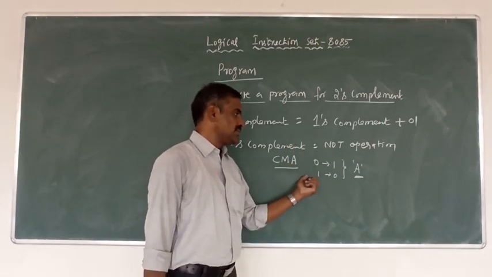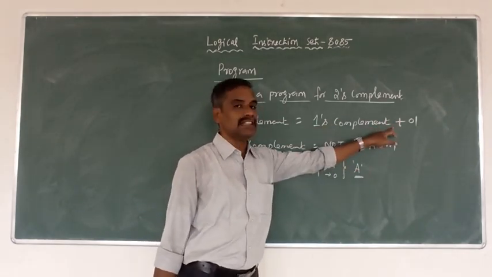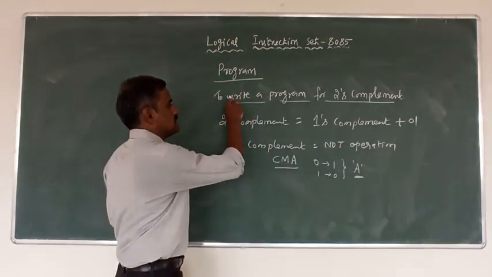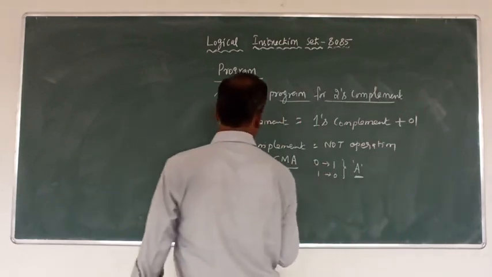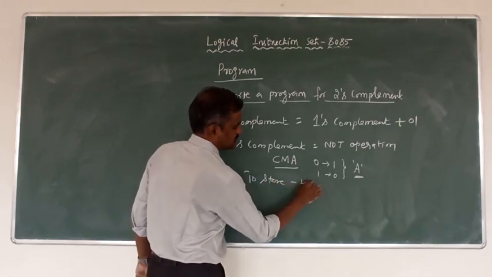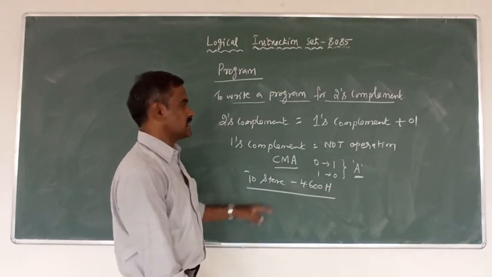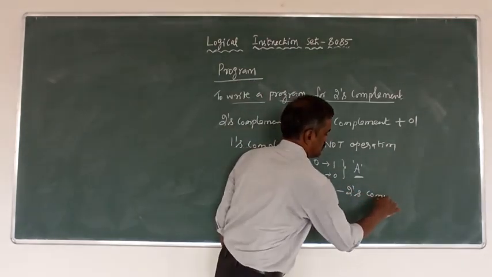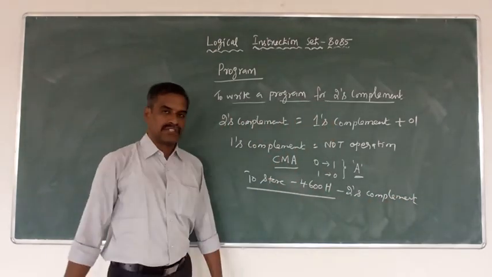After ones complement, we have to add 0, 1 to the result. Okay? Now, this result is to be stored at 4600H address location. The 2's complement result is to be stored at this address location.